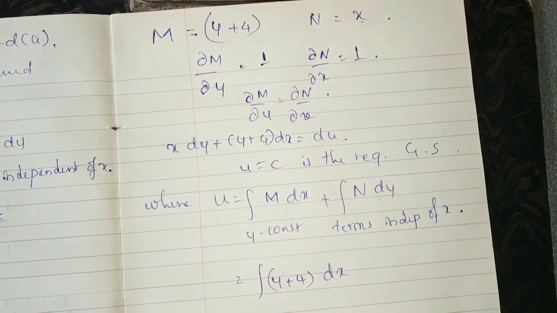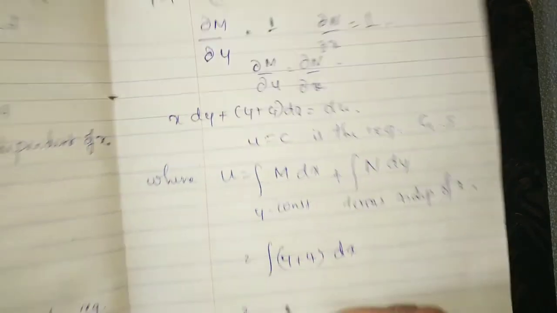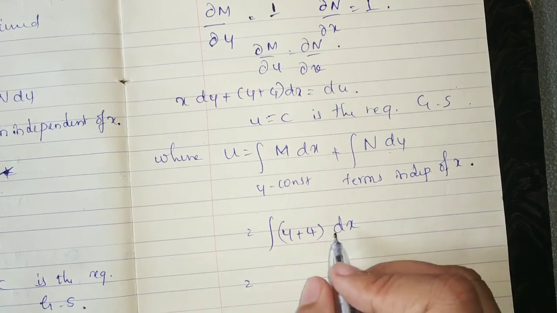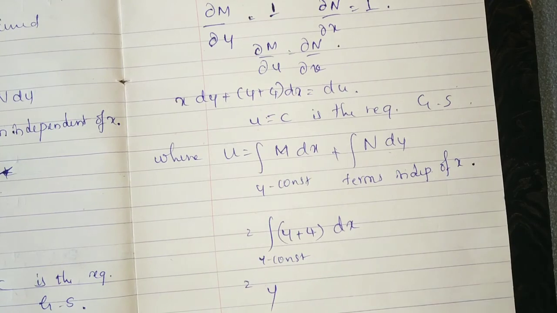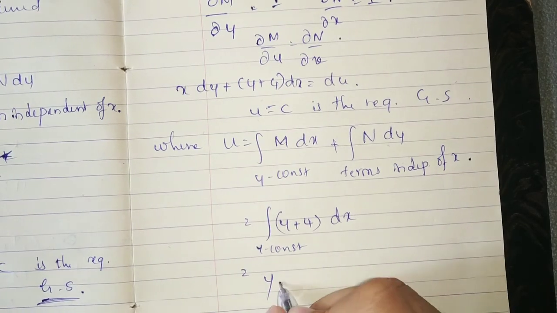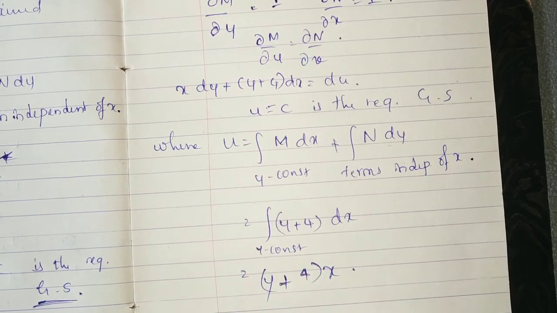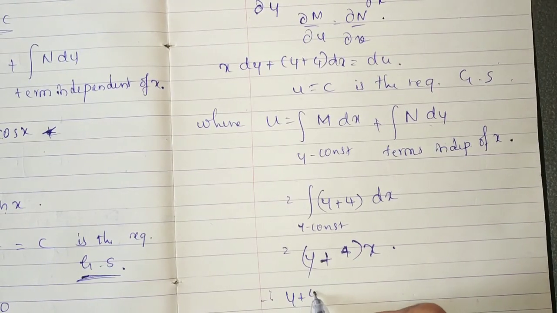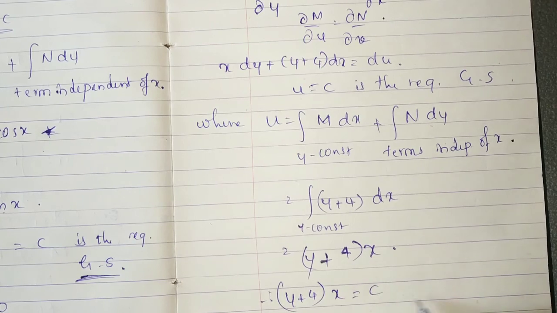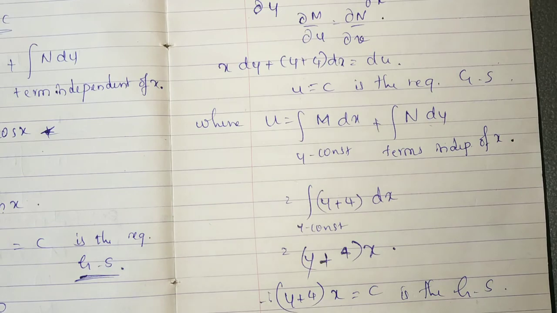The value of N is x, no term is independent of x here. Integrating with respect to x keeping y constant, y stays as it is, plus 4, all constant, into x. So y x + 4 x. Therefore (y + 4) x = c is the general solution, where c is an arbitrary constant.